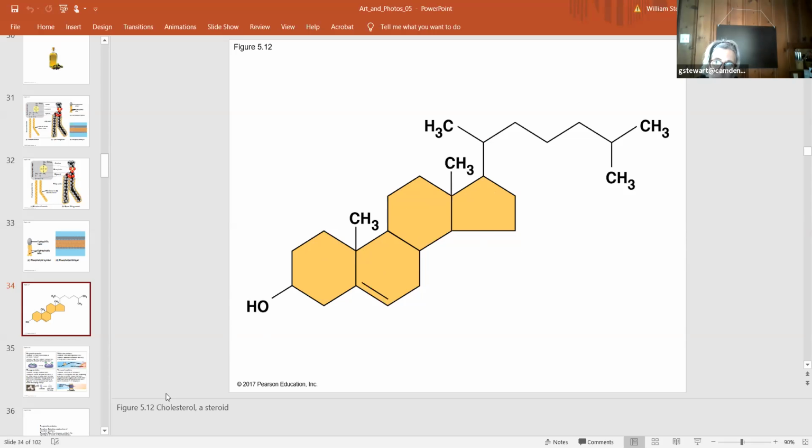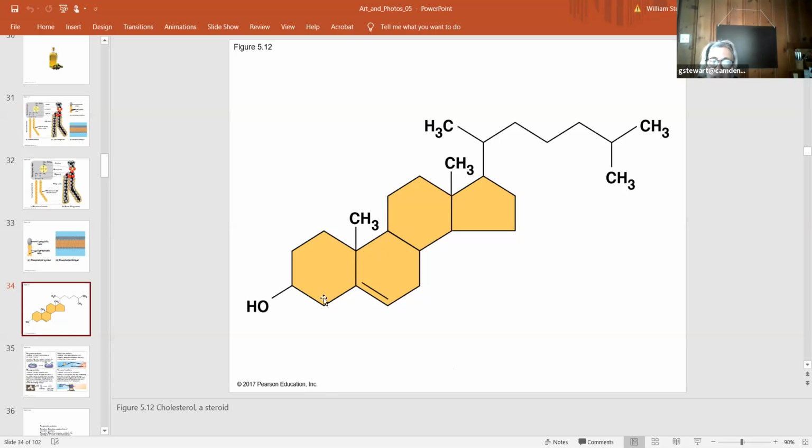This is the clue of how you recognize a steroid. And the function of steroids in cells, the function of cholesterol, is to help maintain the shape of the phospholipid membrane. And obviously there are also steroid hormones. So they would be involved in chemical signaling, particularly the sex hormones that direct the development of the reproductive parts of primarily animals.